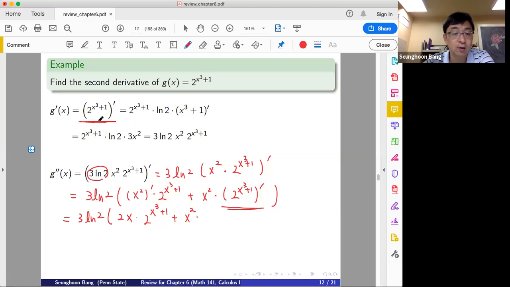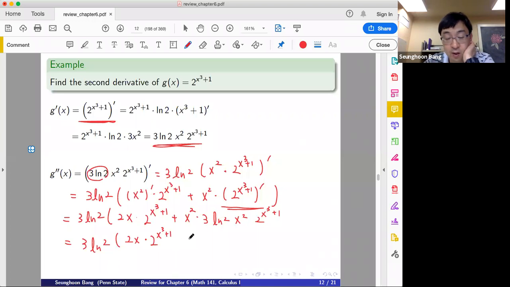We have it, the top one, exactly this one: 3 times ln of 2, x squared, 2 to the x cubed plus 1. So keep 3 times ln of 2. You keep 2x times 2 to the x cubed plus 1.